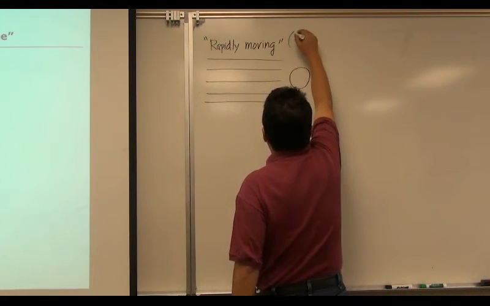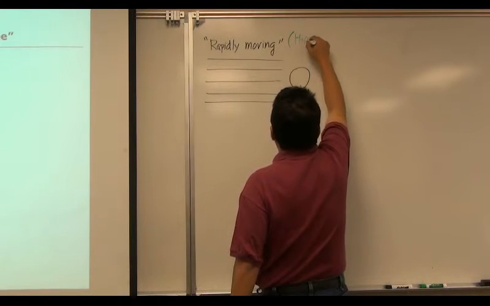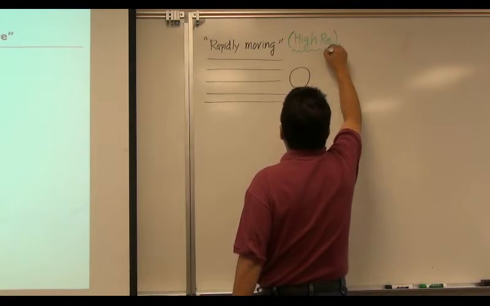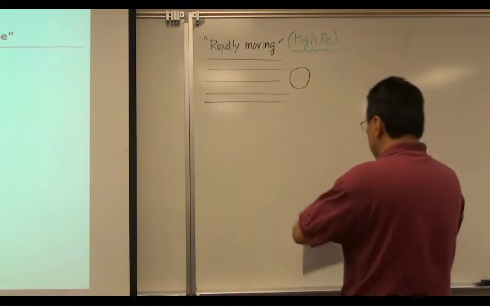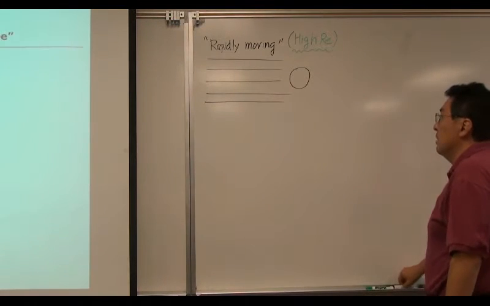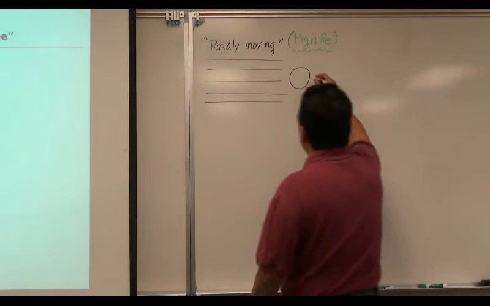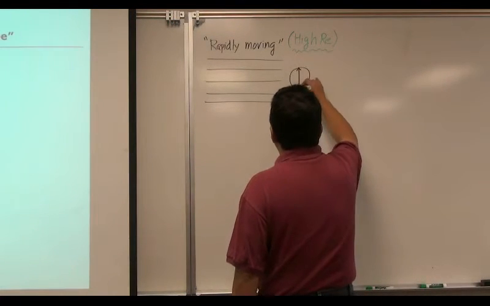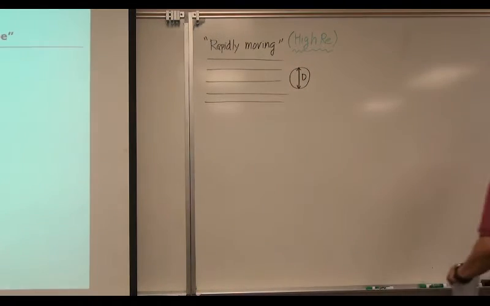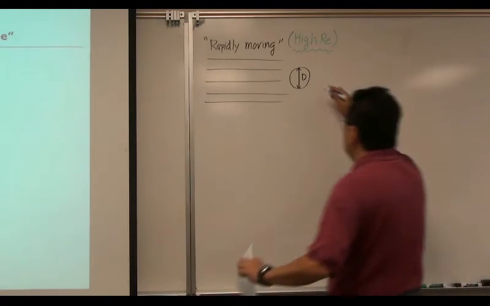This is literally a high Reynolds number. Okay? So Reynolds number in this case is pretty high. Rapidly moving stream. So this is a sphere of diameter d. Then obviously this sphere is going to experience a drag.